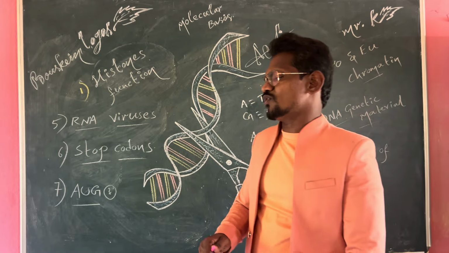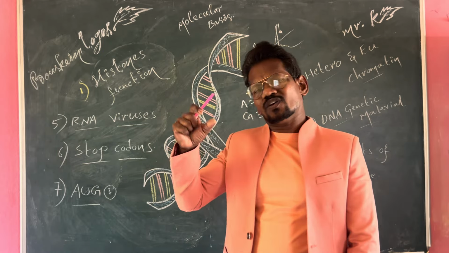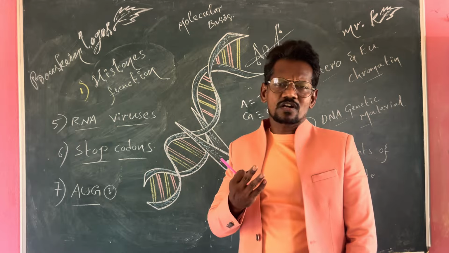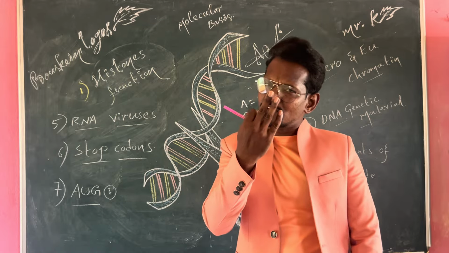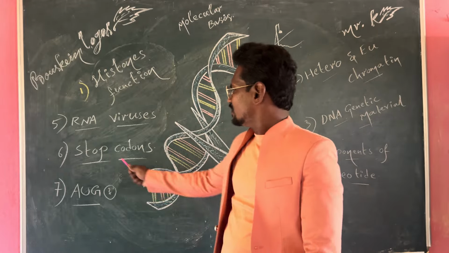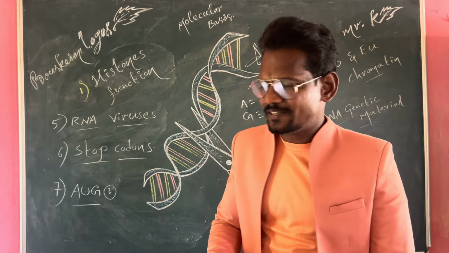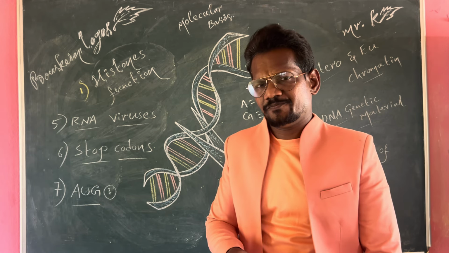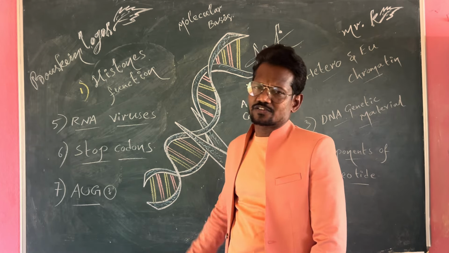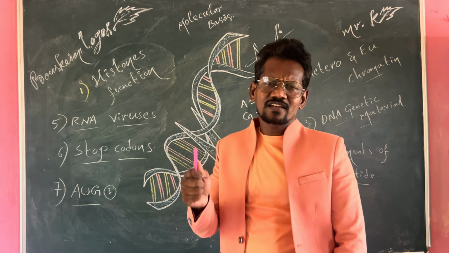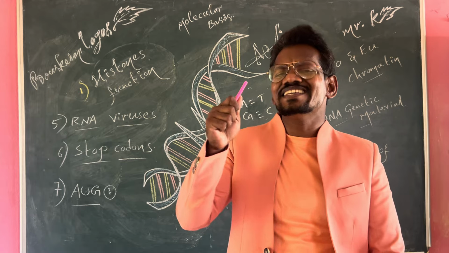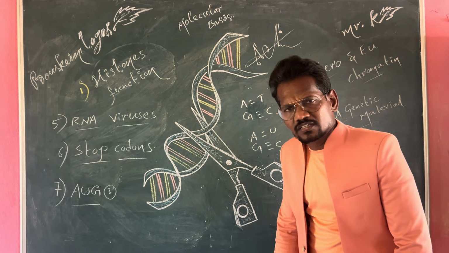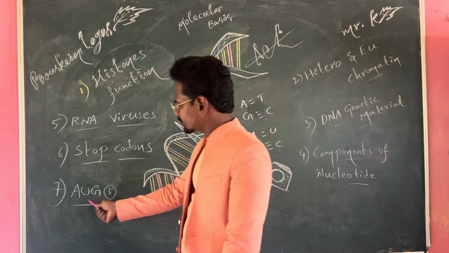Those 64 codons code 20 amino acids, but 3 codons out of 64 never code any amino acid, and they stop or inhibit protein synthesis, so they are called stop codons. UAA, UAG, UGA. These 3 are considered stop codons. Then followed by the last one.